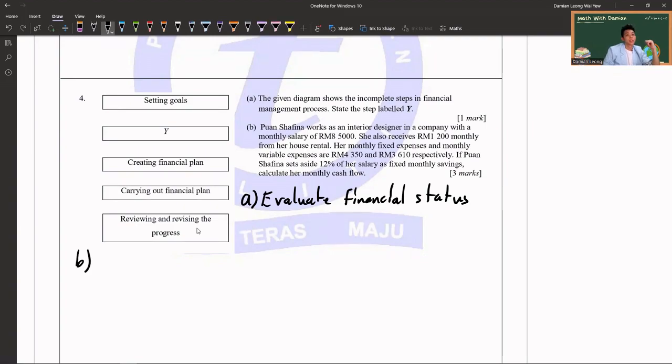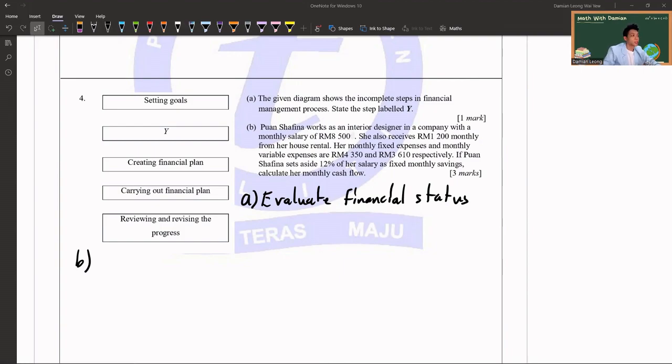Then part B. Puan Shafina works as an interior designer in a company with monthly salary 8,000. There is a mistake here. 8,500. Sorry, it's a typo. 8,500.